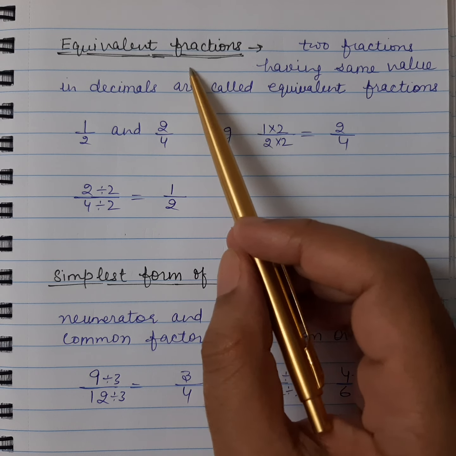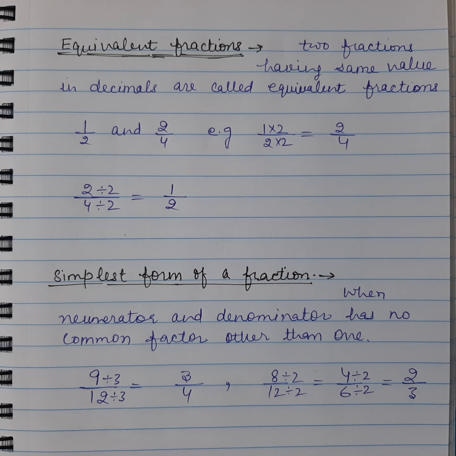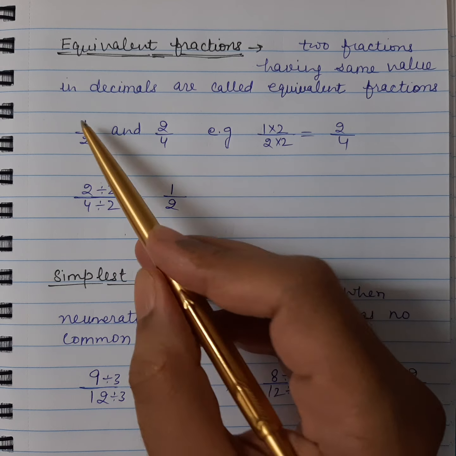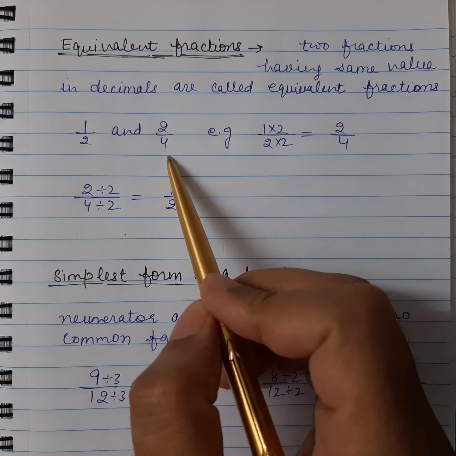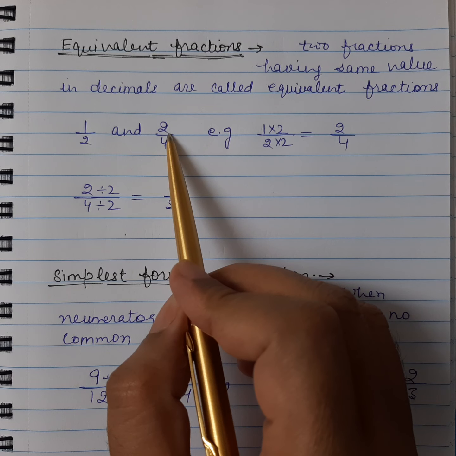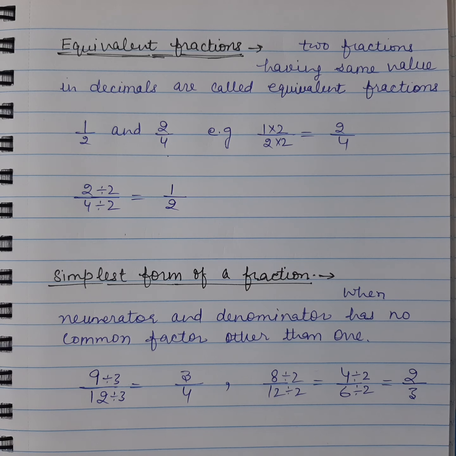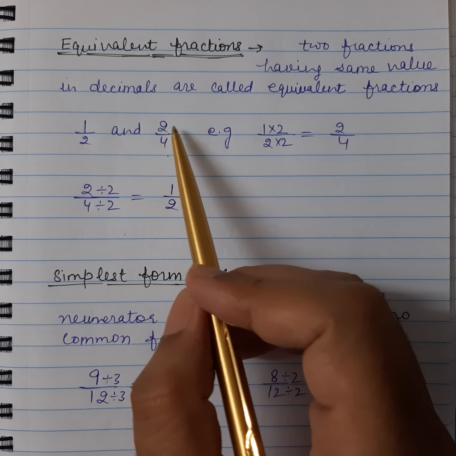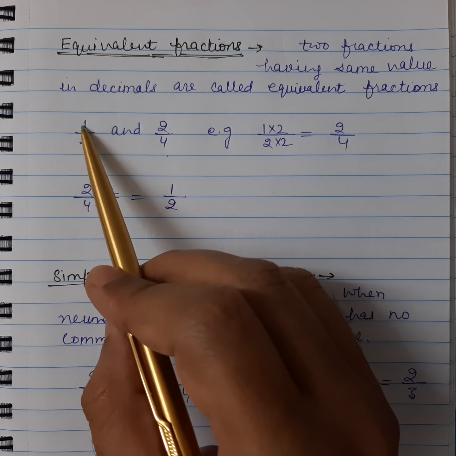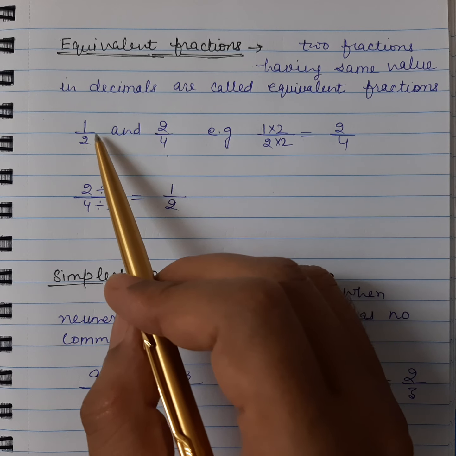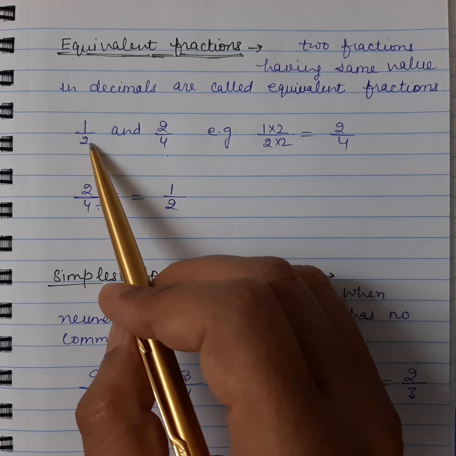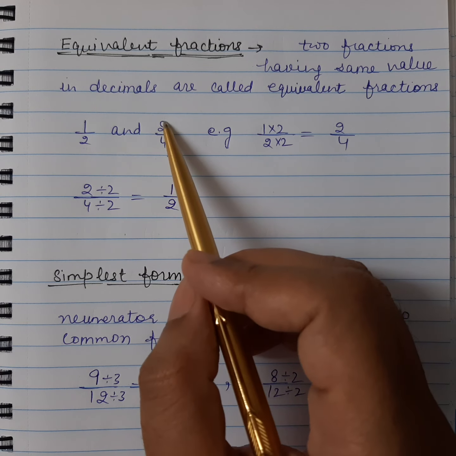Equivalent fractions. Two fractions are said to be equivalent if their value in decimal is the same. For example, 1 by 2 and 2 by 4 are equivalent fractions because their value is half, 0.5. If we multiply both the numerator and denominator of 1 by 2 by 2, it will be 2 by 4.